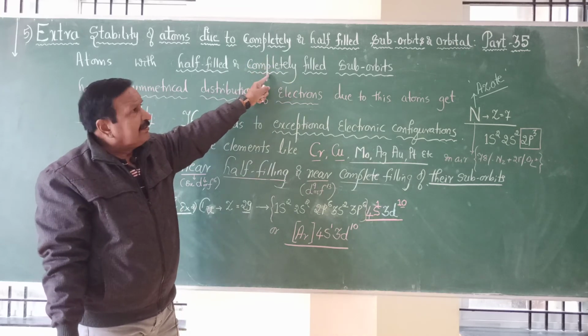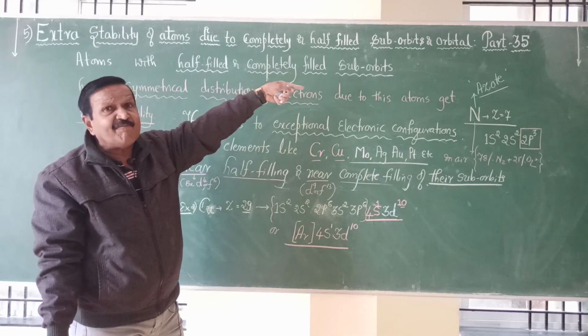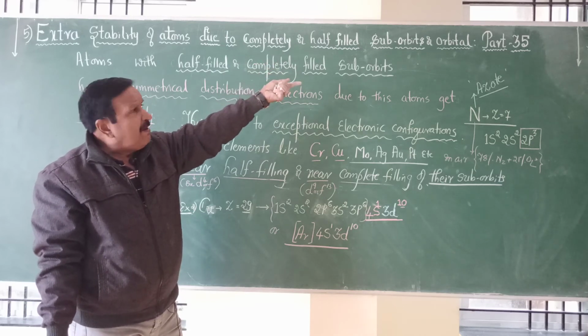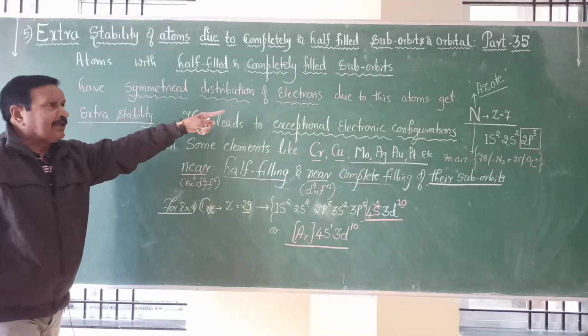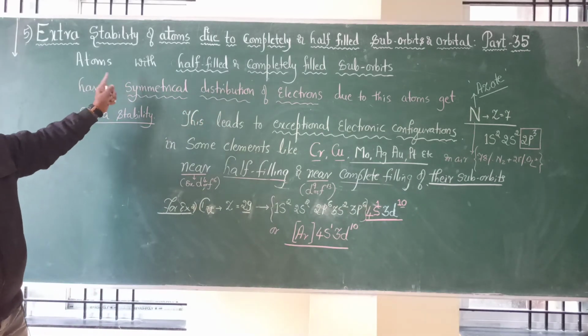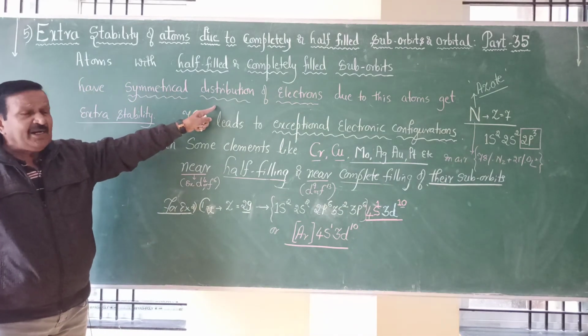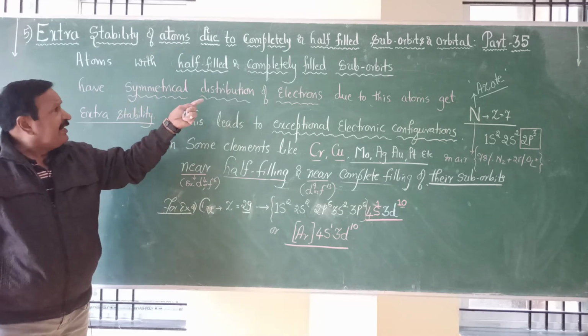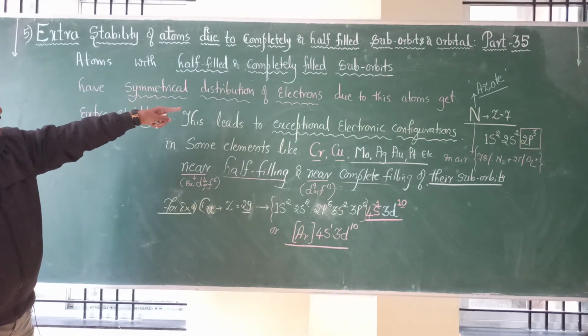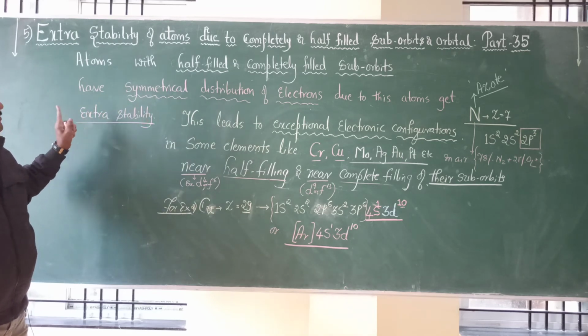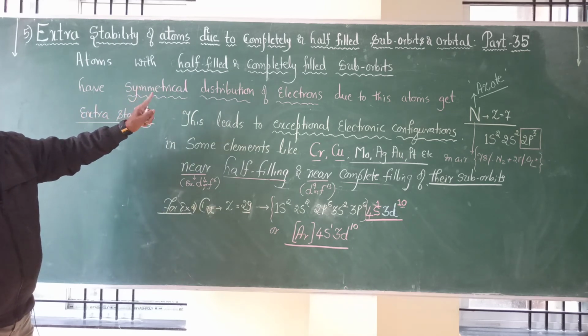So why are orbitals that are completely half filled stable? Because of the symmetrical distribution of electrons. Whenever they have a half filled orbital structure or completely filled, there will be symmetrical distribution of electrons. Hence, due to this, atoms get extra stability.